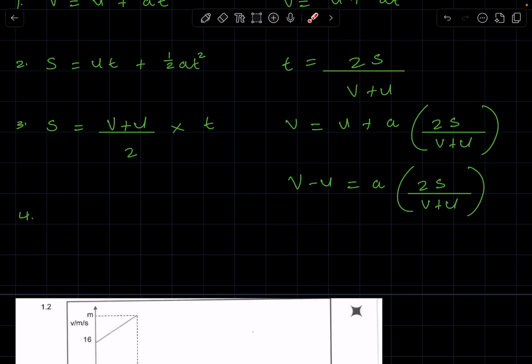Right, now let us get rid of the parentheses and see what equation comes about. First, we are going to get rid of this denominator here, v plus u.